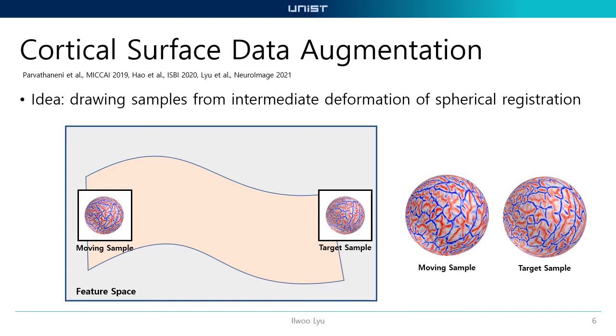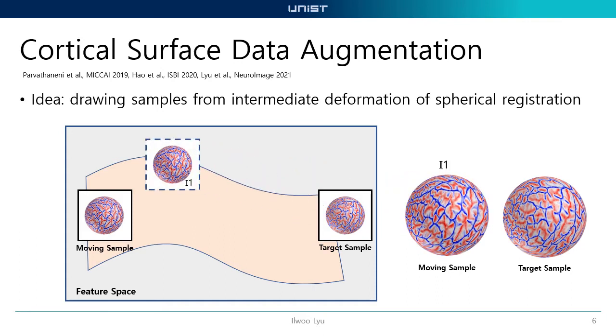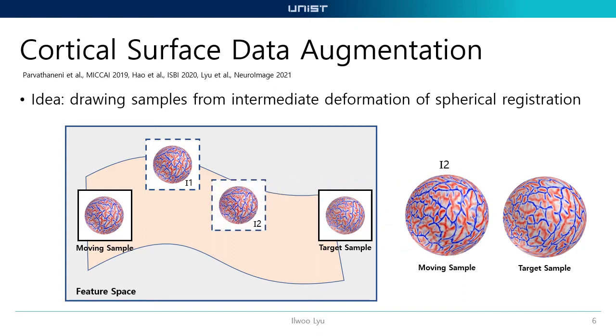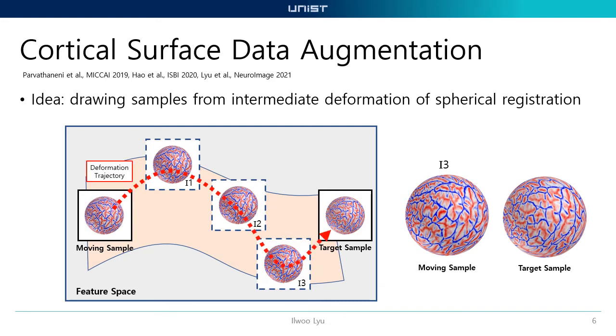We can slightly deform this sample, and we can keep deforming it to be aligned with the target sample in this figure. So we have another deformation here, and we have a finer deformation which is very similar to the target sample. Once we have this trajectory, we can simply collect all the intermediate samples as our training set.